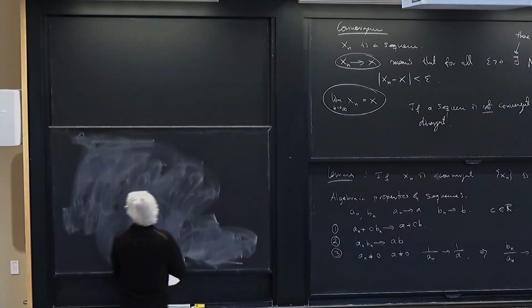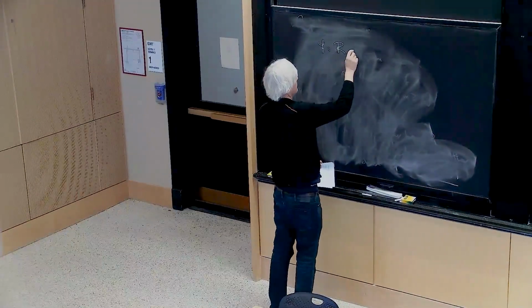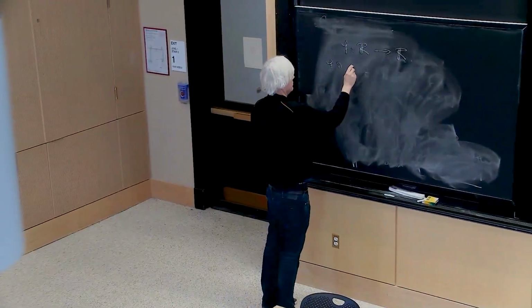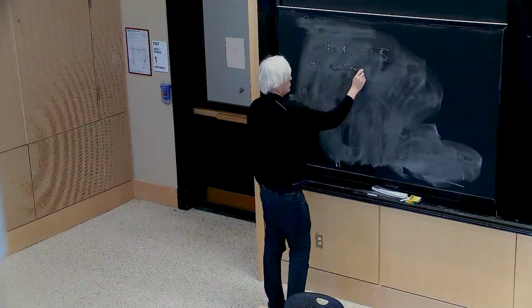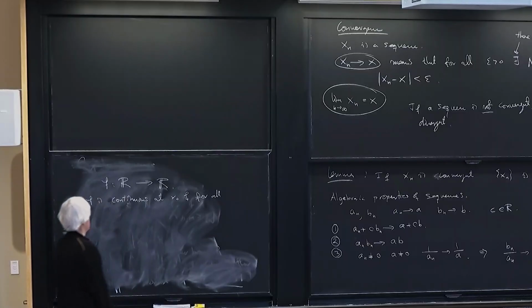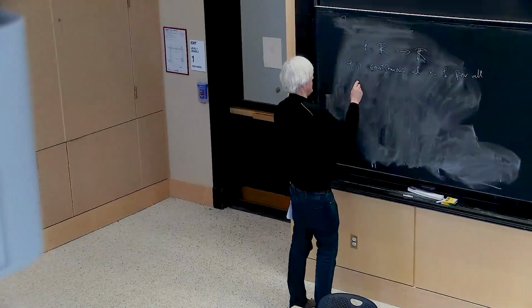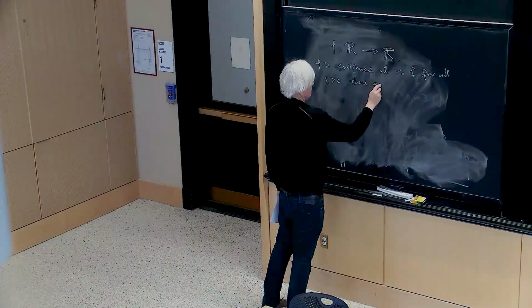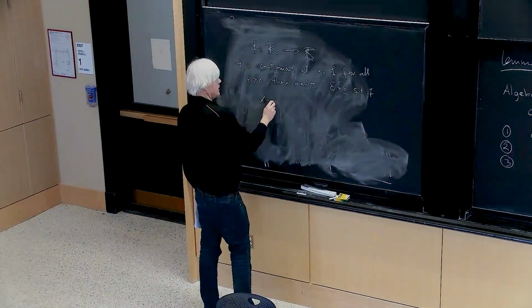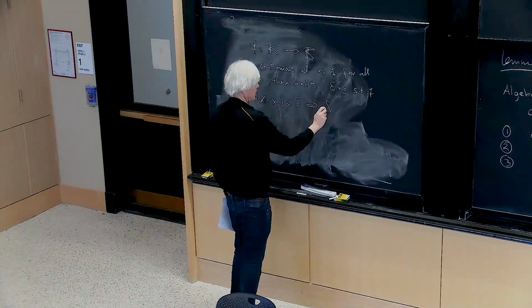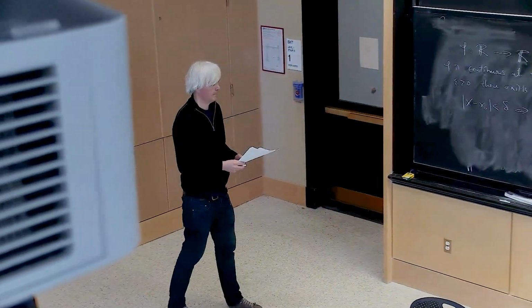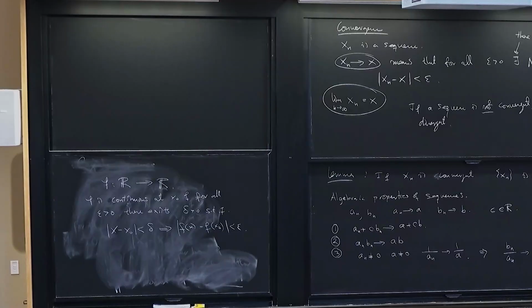If you have a function, let's say on R, but it could be defined on a subset of R, then we say that f is continuous at x0 if for all epsilon greater than 0 there exists a delta greater than 0 such that if |x minus x0| is smaller than delta, then |f(x) minus f(x0)| is smaller than epsilon. So that's what it means for a function to be continuous.